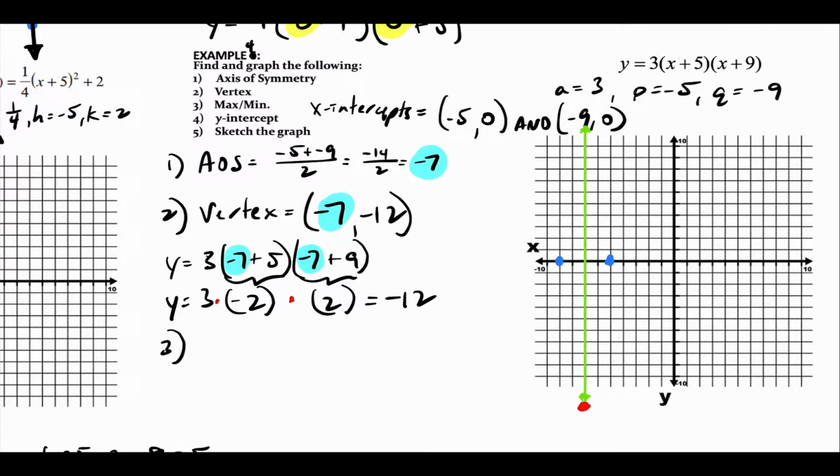Is this guy going to have a maximum or minimum? Minimum. Good. Arrows are going to be going up. Minimum at -12.